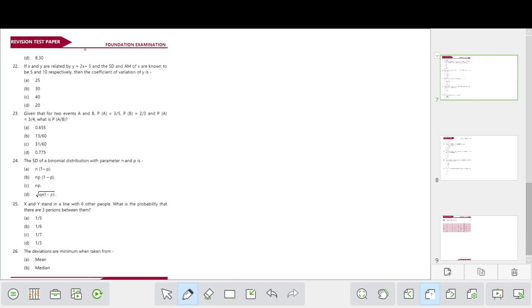Now probability of A. Okay, this question has an error. This is not PA. This is P(A union B). So we have to calculate probability of A given B has occurred. A given B has occurred is equals to probability of A intersection B divided by probability of B. Now A union B is given, A is given, and B is given.